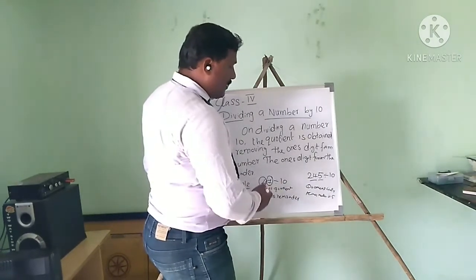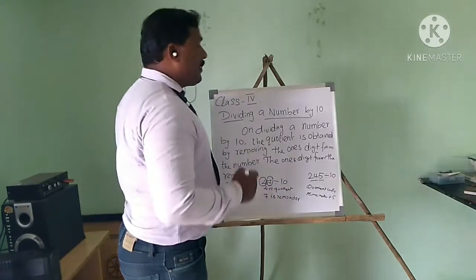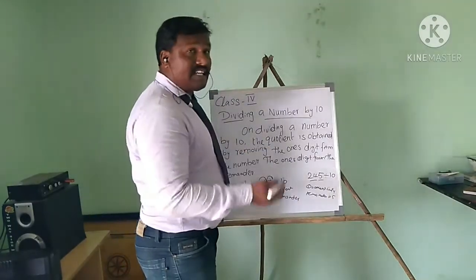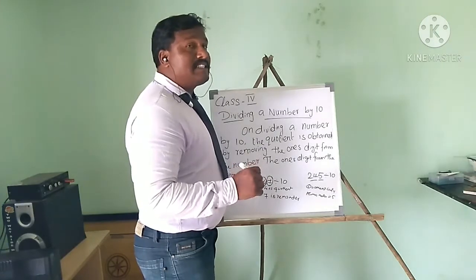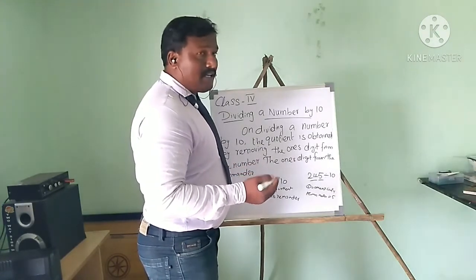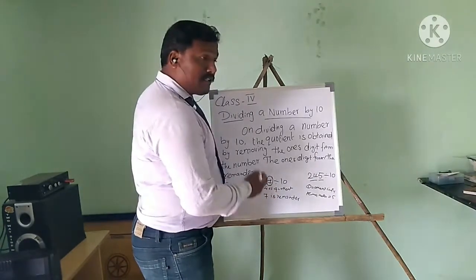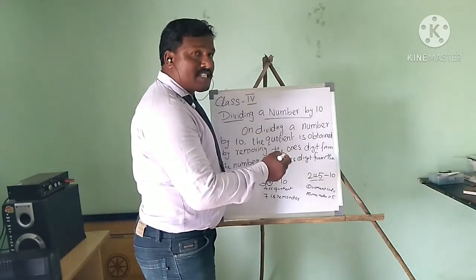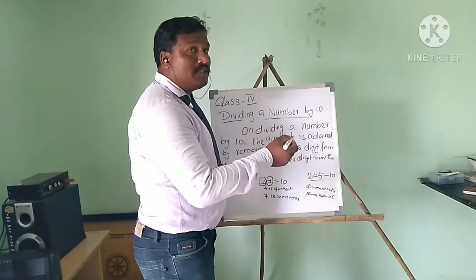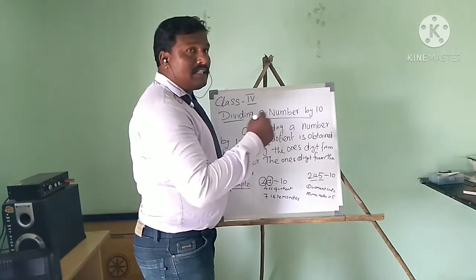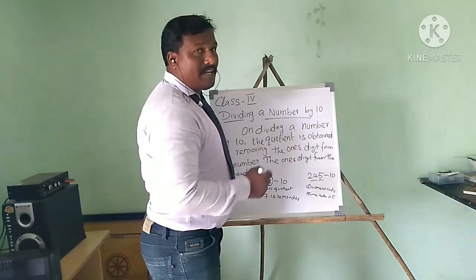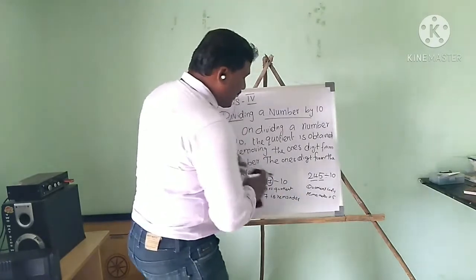So when you divide any number by 10, you can easily find the quotient and remainder this way. How? First you have to remove the ones place value; the remaining part is the quotient, and the ones place value forms the remainder. Let me take another example.